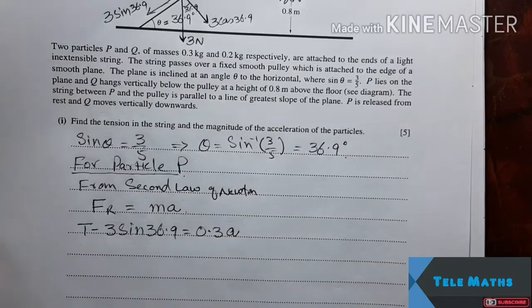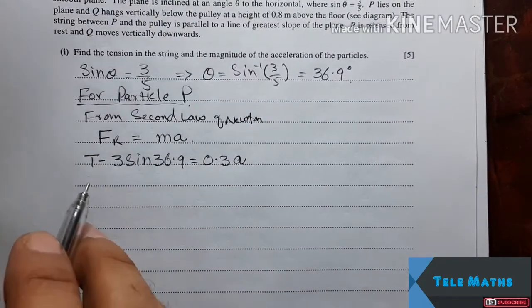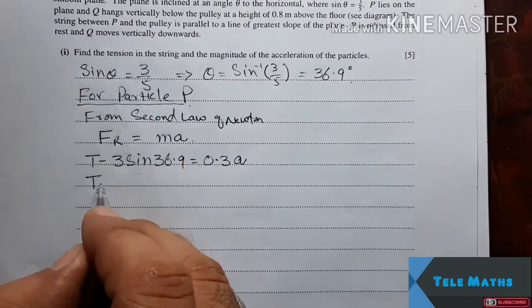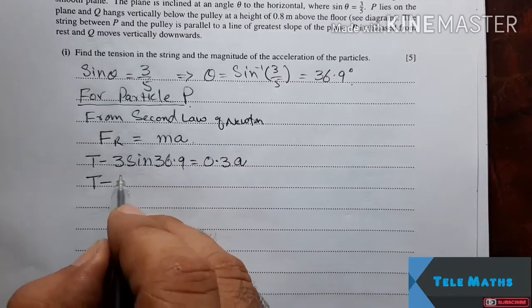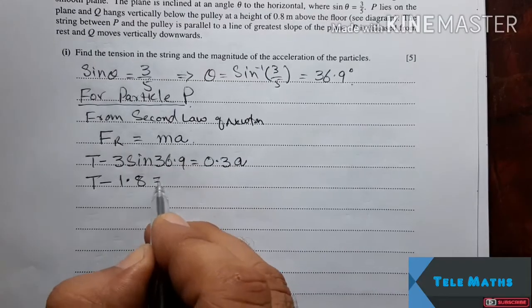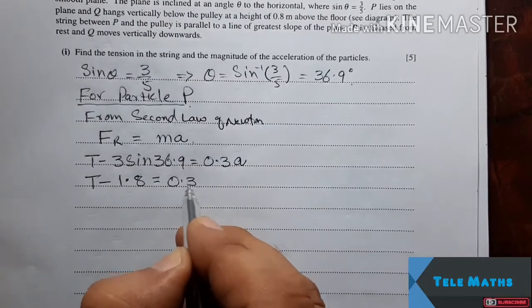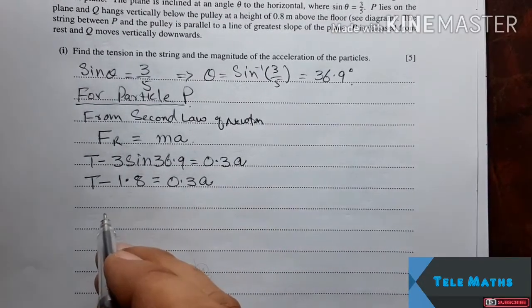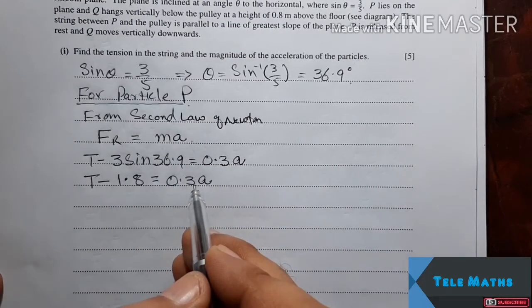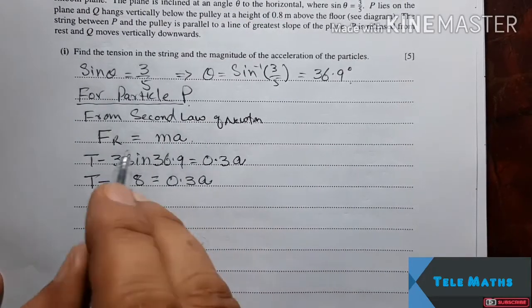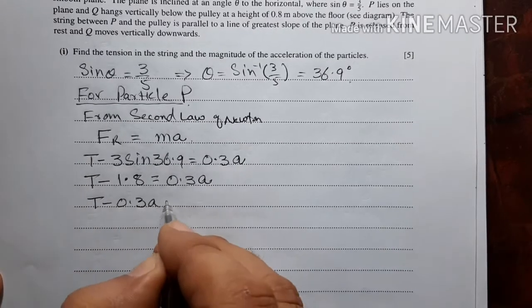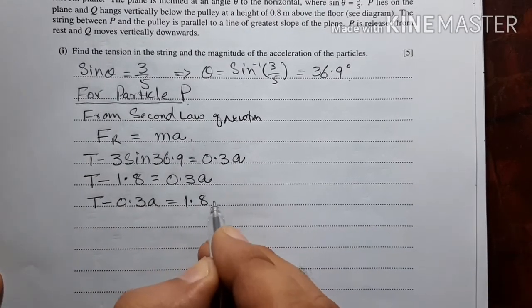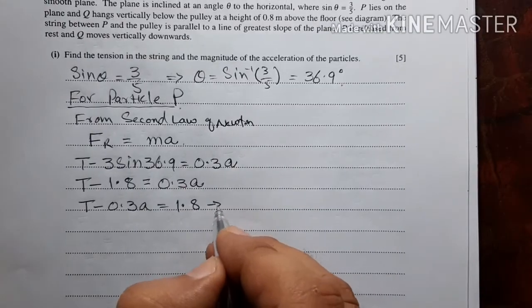We don't know the acceleration. By the help of calculator, this will become 1.8 is equal to 0.3a, or take this 0.3a on the left side. So T minus 0.3a is equal to 1.8. This is equation number 1.